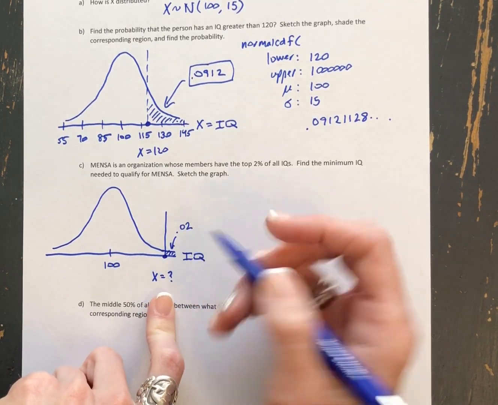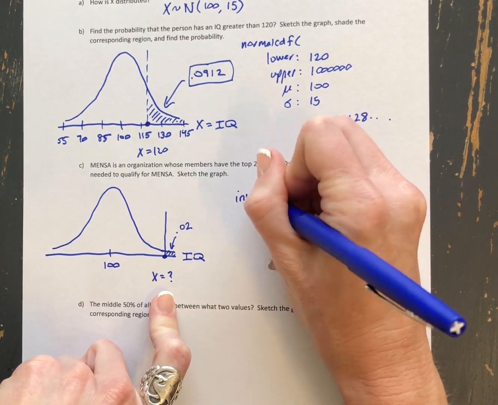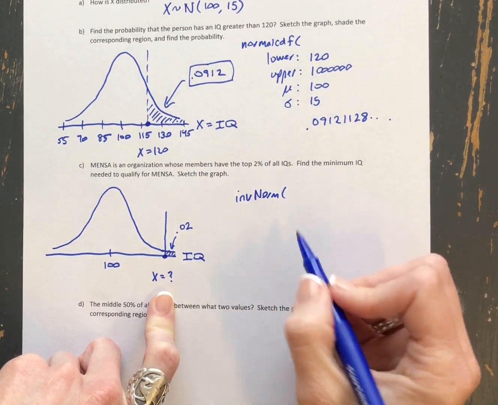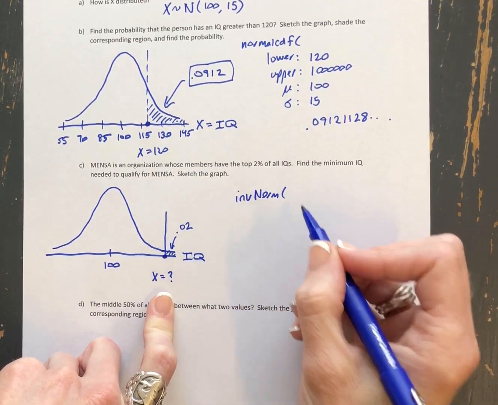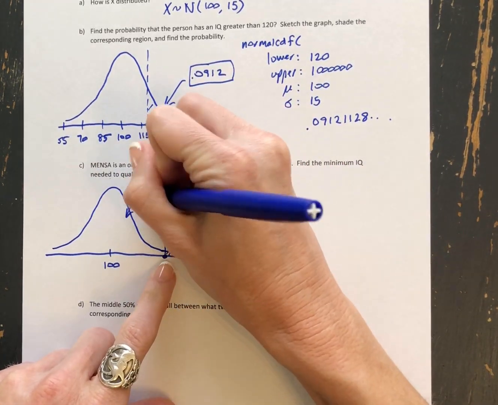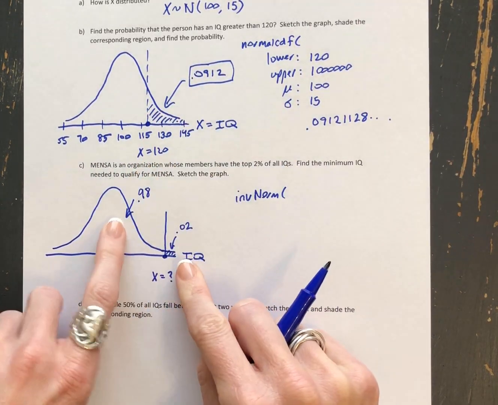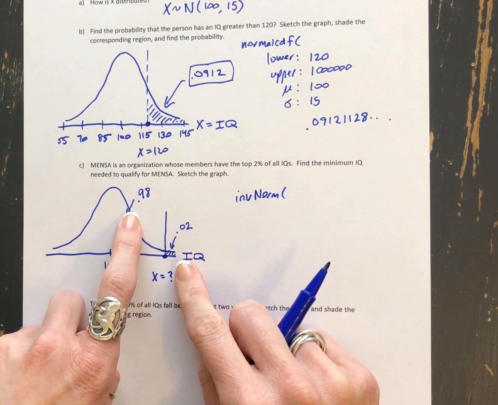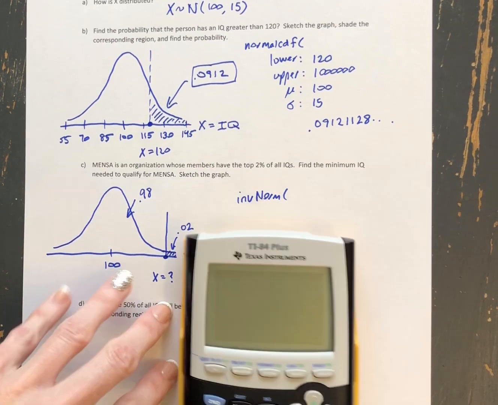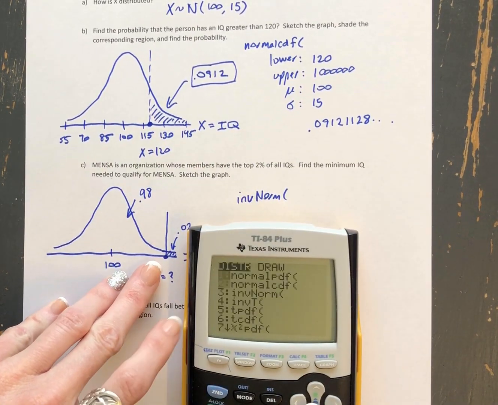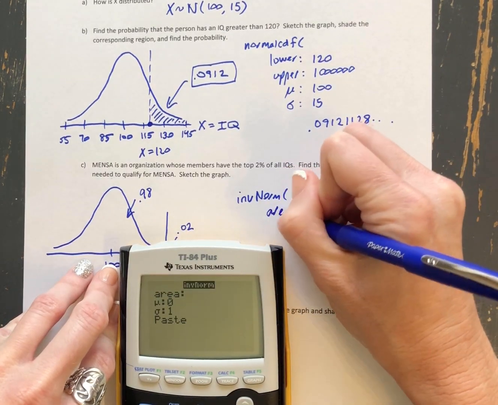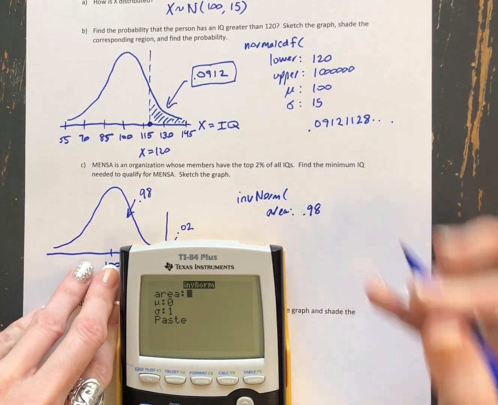If we are given area, that's an inverse norm. Remember in the calculator, for inverse norm, we have to enter the area to the left. So if the area to the right is 0.02, the area to the left is the other 98%, right? The other 0.98. And so for inverse norm, under area, we're going to type in the area to the left, which is 0.98.